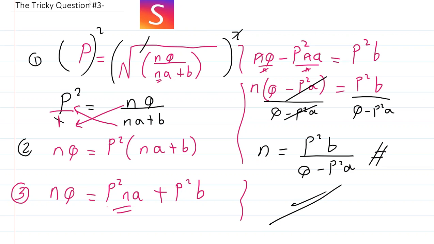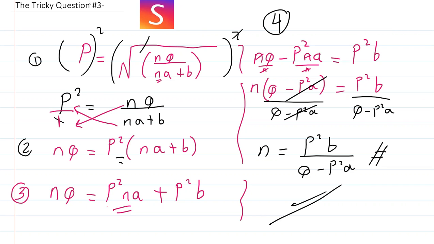Now we understood the meaning of the subject of the formula, and this lesson is very important because in most exams this question comes for 4 marks, and sometimes 5 marks, because it tests your knowledge of how to cancel the roots, how to expand the bracket, and how to factorize and find the final answer.